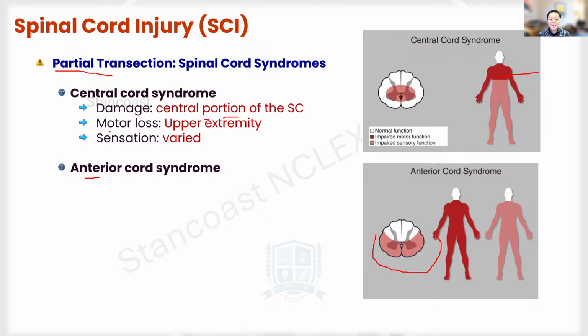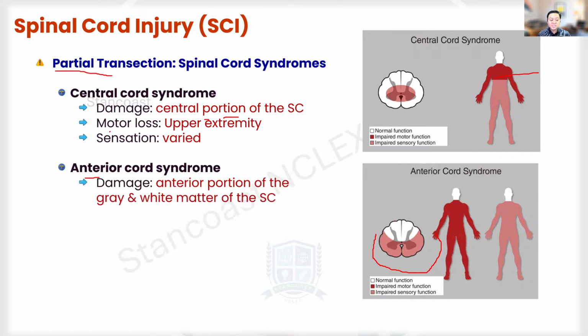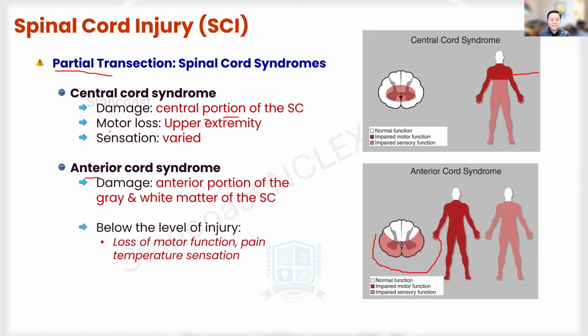Now, if you're going to ask, what would be the effect on the motor function of our patient? Well, the patient will end up with a motor loss, especially below the level of injury, meaning the paralysis or the significant weakness that they will experience will happen in the parts of the body below the injury site.